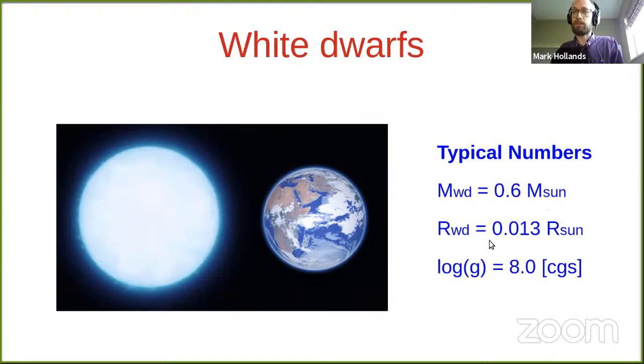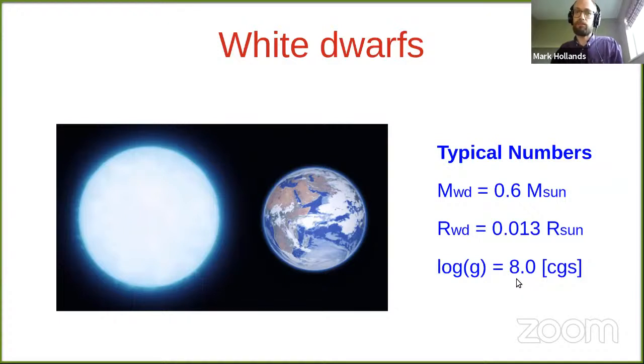Compacted into about 1% of a solar radius, we're talking about something that is very, very dense. I should say that this mass is just the average mass. You can get some slightly lower and some that are higher. But a typical white dwarf will have a surface gravity log g of 8.